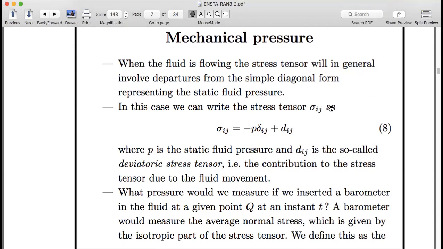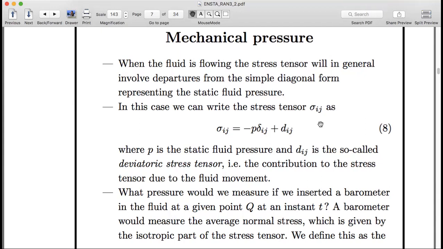It's the static fluid pressure. But when you have a flowing fluid, we have a stress tensor with a trace which is not necessarily equal to the thermodynamic pressure.